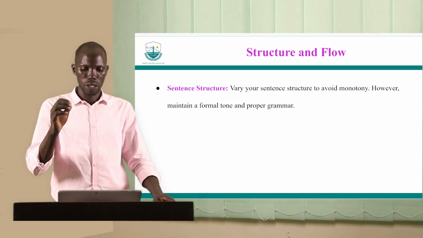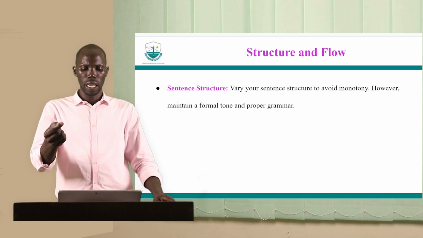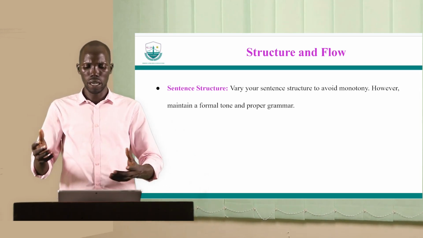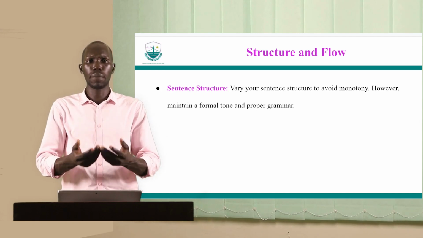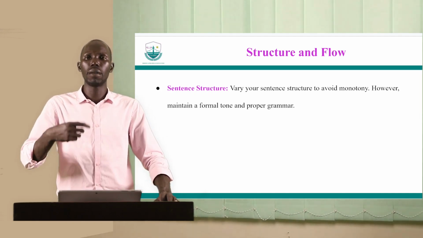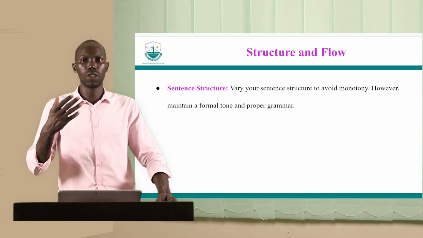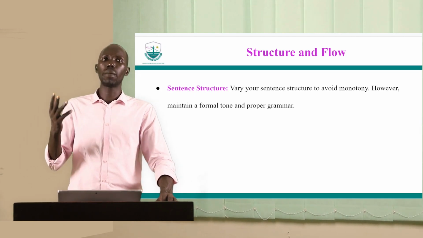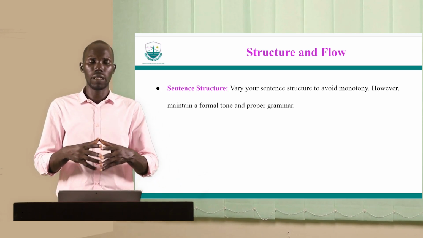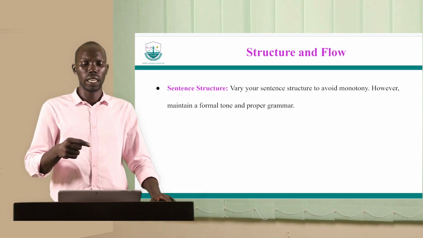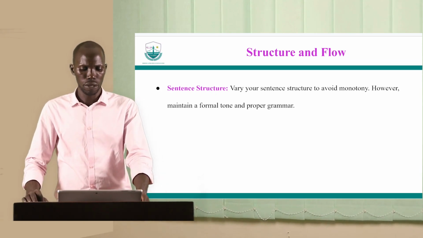So it is important that you maintain a formal tone, and you should have varying sentence structures. Don't just repeat the same sentences, the same order from the very beginning all along to all the points that you're required to write. Assuming there are 8 points in the passage that you should summarize, don't start all of them in the same sentence structure. There should be variation in your summary.